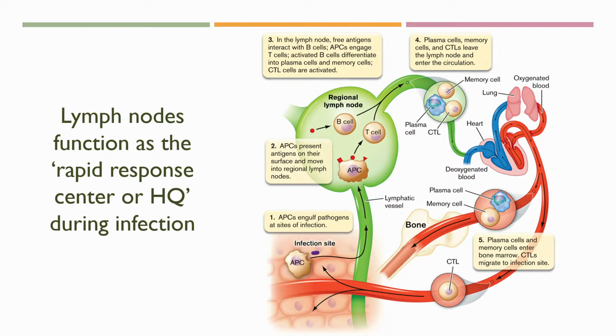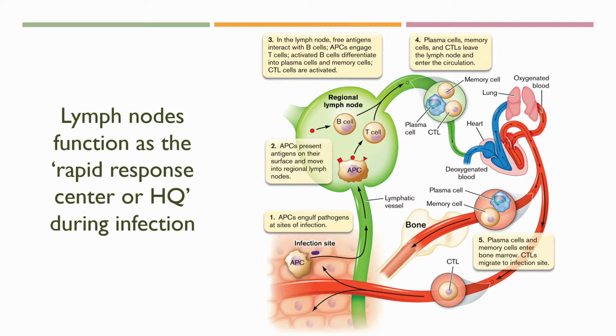In the lymph node, these free antigens can interact with B cells, so this would be T cell independent in this particular case because they're free antigens. Or you can have the APCs engaging with T cells and activating B cells for plasma cell differentiation and memory cell differentiation, or the T cell can also just mature into cytotoxic T cells.